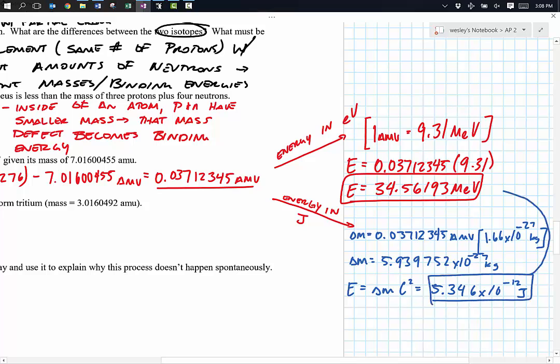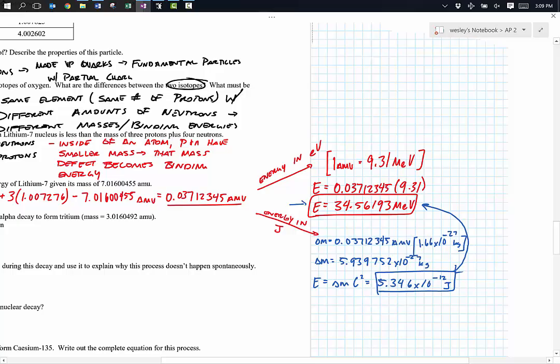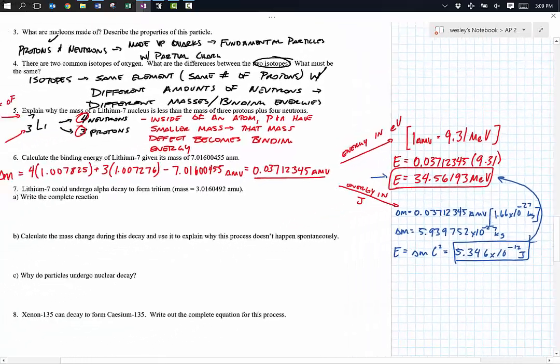It's a tiny number. When you convert between joules and mega electron volts, that happens to be the same number. They're just different approaches to getting there. Either way is fine. If I ask in electron volts, this is what you're going to do: multiply it by 931. Okay.